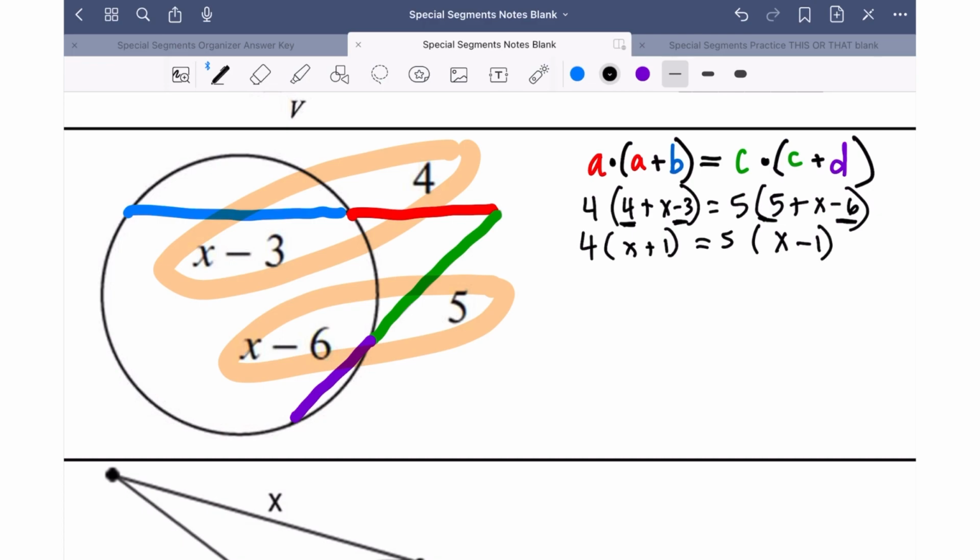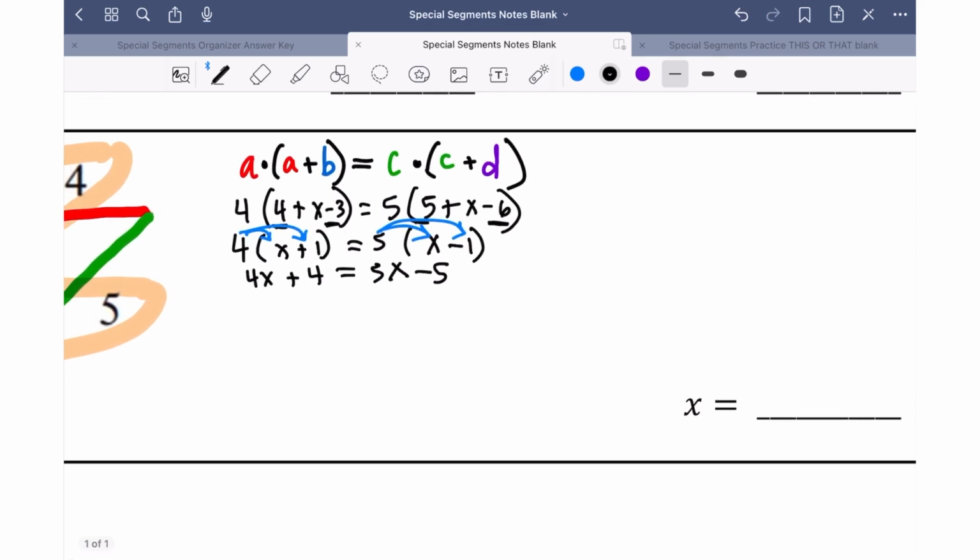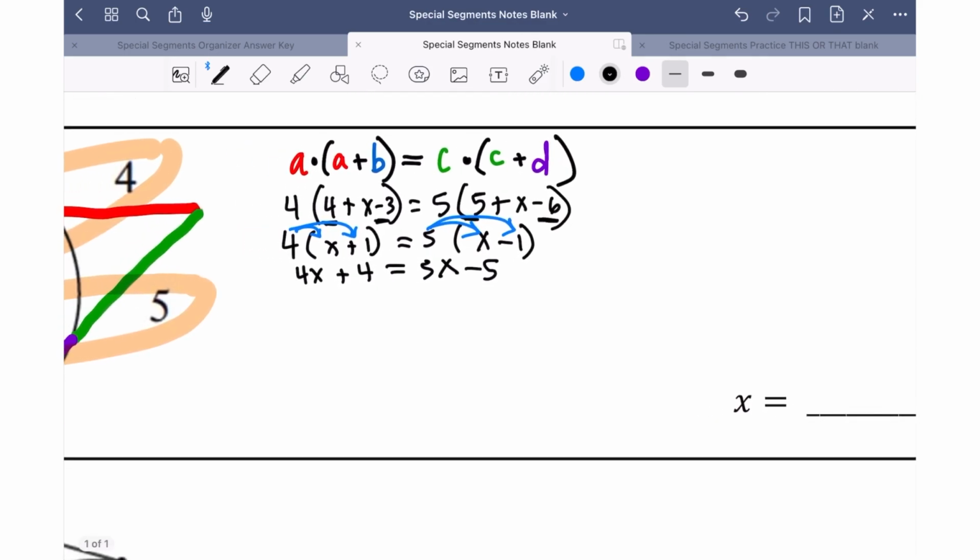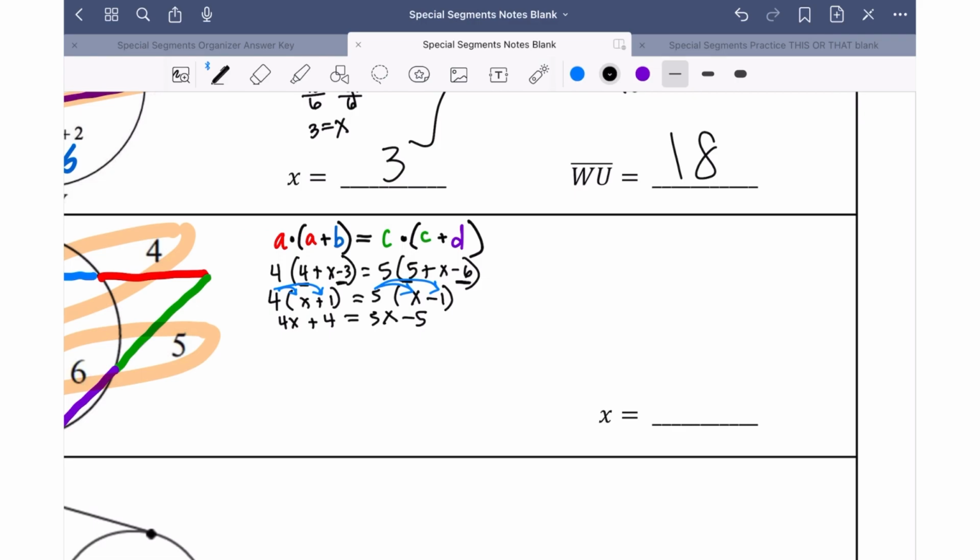All right, now that we combined the terms we can combine, now we can distribute the 4 on this parentheses and then distribute the 5 on the other one. So let's multiply it. 4x plus 4, 5x minus 5. Okay, notice how I'm writing small. Try not to write too big. But if you run out of space, just go sideways, okay?